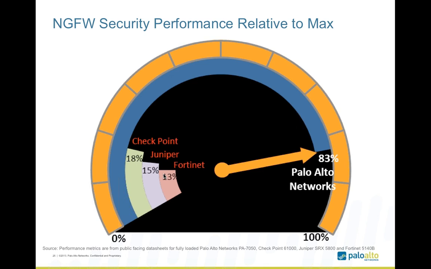So we can come close to 83, 87 gigs of threat prevention functionality. This is huge. In terms of percentages, no one can come close. And in terms of the marketed datasheet values, they are nowhere close to 83 gigs of full threat prevention.